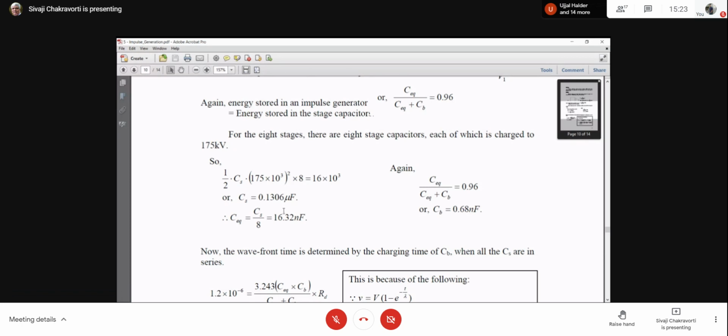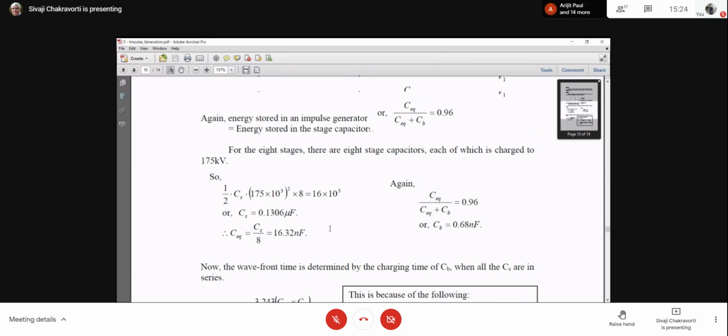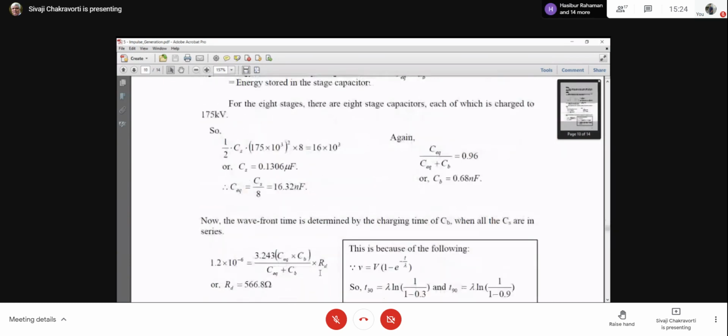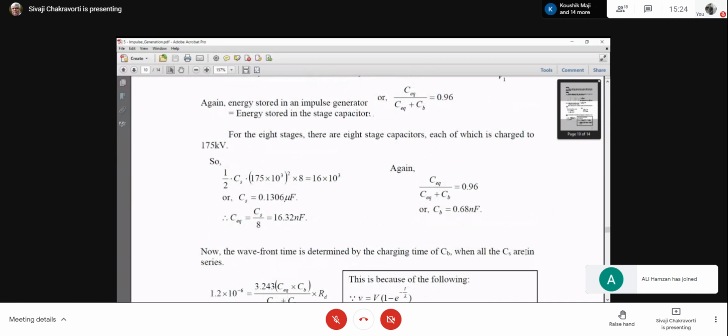CS, the individual stage capacitance, is 0.1306 microfarad. But they are all in series, so the equivalent capacitance is CS by N. N is 8, so C equivalent is CS by 8. It is 16.32 nanofarad. Then we put this ratio of 0.96, and we find CB as 0.68 nanofarad. So from here we can get the values of CS and CB that we have to give.